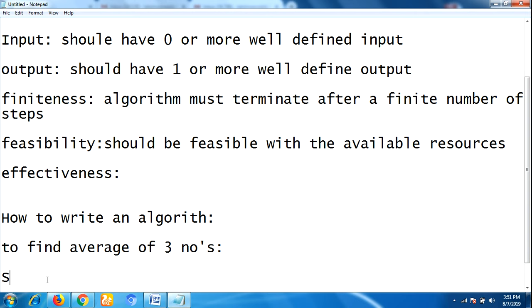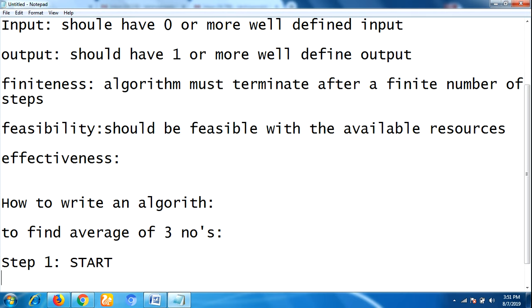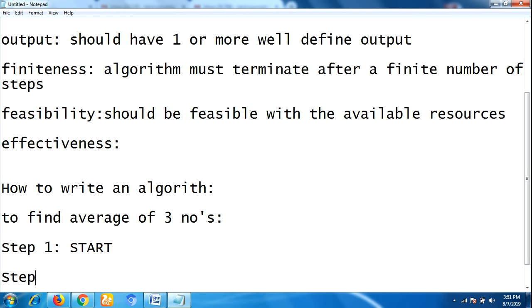You know the algorithm definition very well: any problem we need to solve in a step-by-step manner. So step one, start. Step two, read values a, b and c.